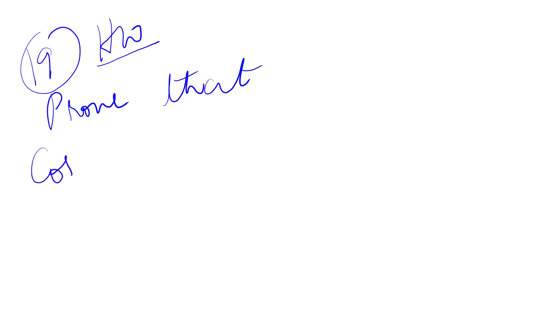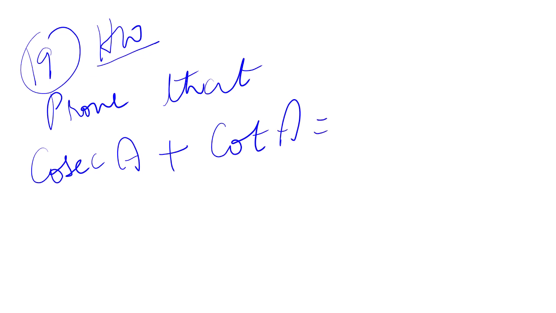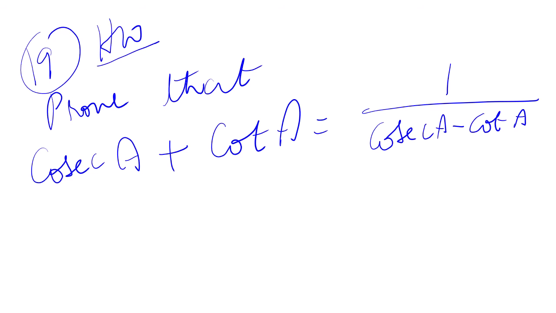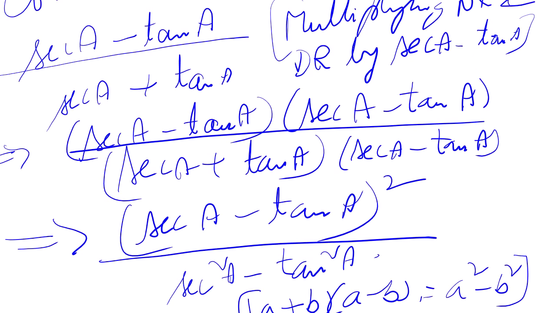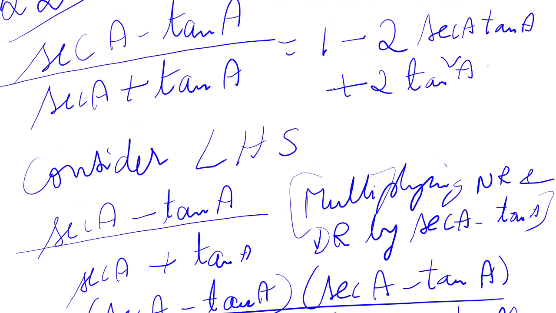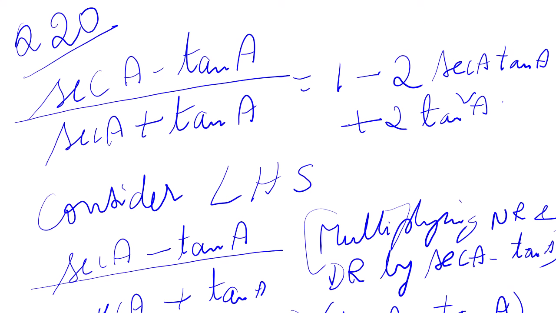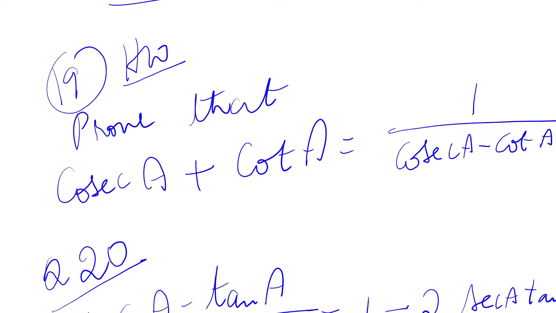Prove that cosec A plus cot A is equal to 1 upon cosec A minus cot A. Okay, now children, as I told you, now question 20 we are doing. Question 19 is homework for you. Prove that cosec A plus cot A is equal to 1 upon cosec A minus cot A.